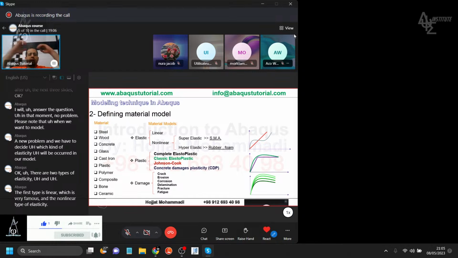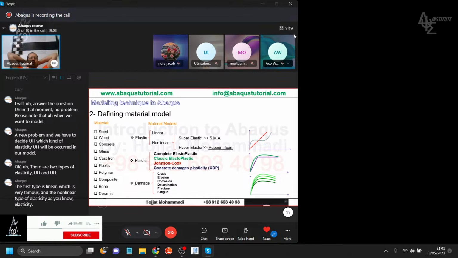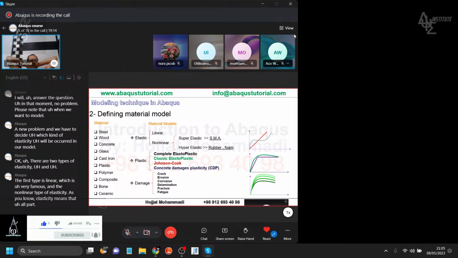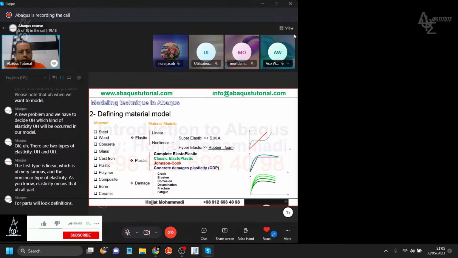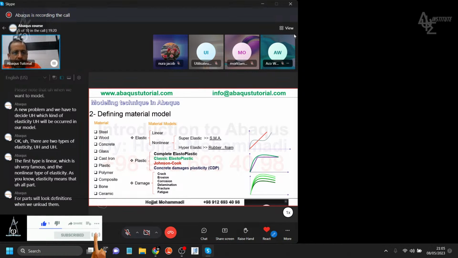As you know, elasticity means that our parts will lose their deformations when we unload them.